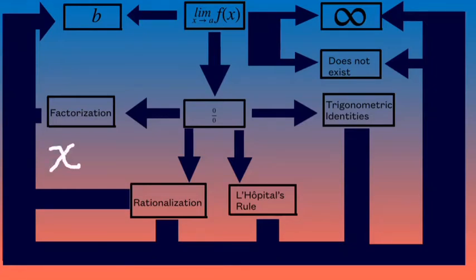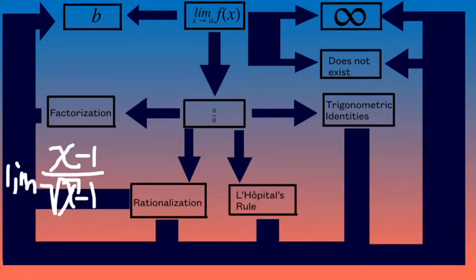So let's try x minus 1 over the square root of x minus 1, and the limit as x approaches 1. Well, 1 minus 1 is 0. The square root of 1 is 1. So 1 minus 1 again is 0. We get 0 over 0.